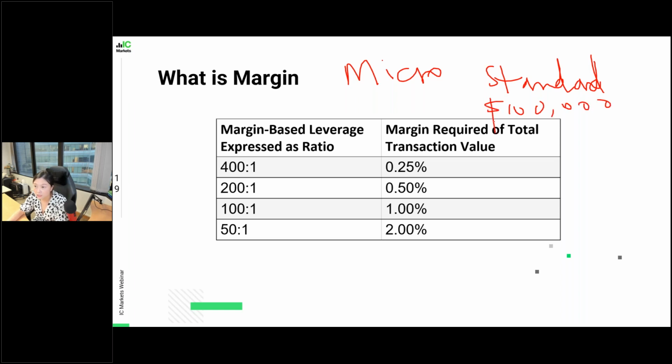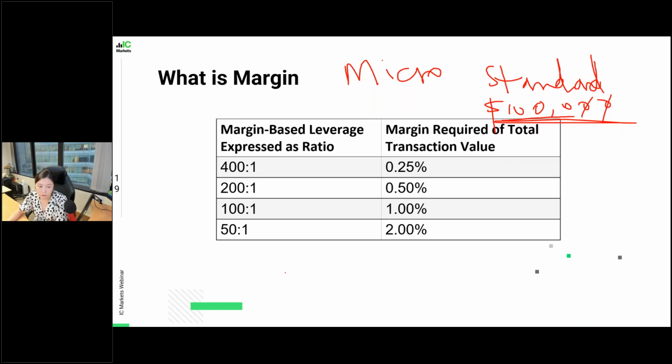Translating this into cash outlay, you need 100,000 in cash, which for most people is not affordable. That's why leverage comes in, because if a brokerage gives you 100 times leverage, you only have to deposit $1,000. Not using leverage is perfectly fine as well, but for some contract sizes, currencies, stocks, shares, or indices, they require a standard lot size, so people will prefer to use leverage.